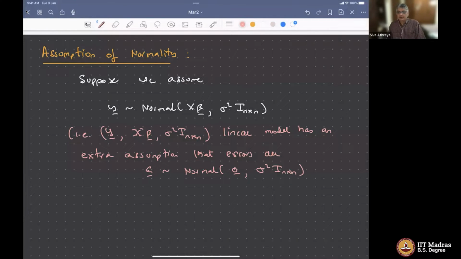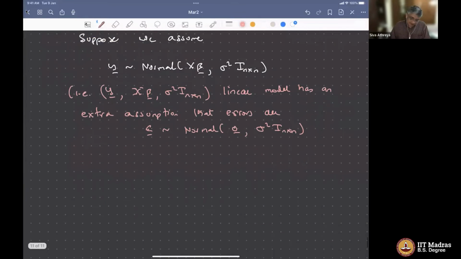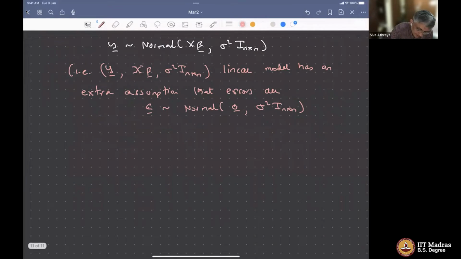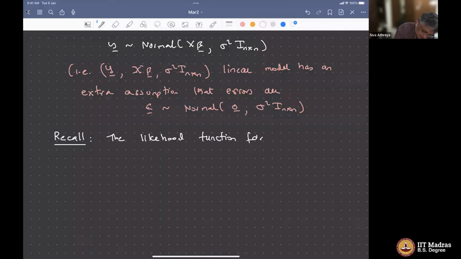Very good. Now, if I give you this normal with mean parameter x beta and variance sigma squared I, I can always write a likelihood function. So recall, the likelihood function for the two parameters beta and sigma squared, which we don't know, is given by what?